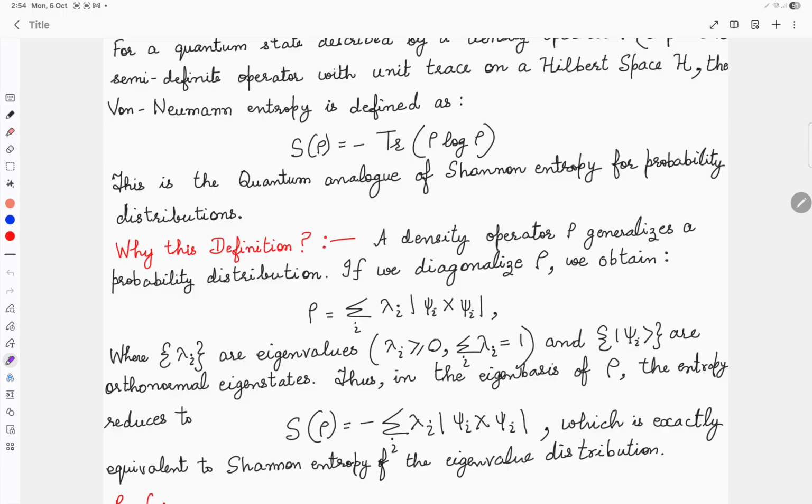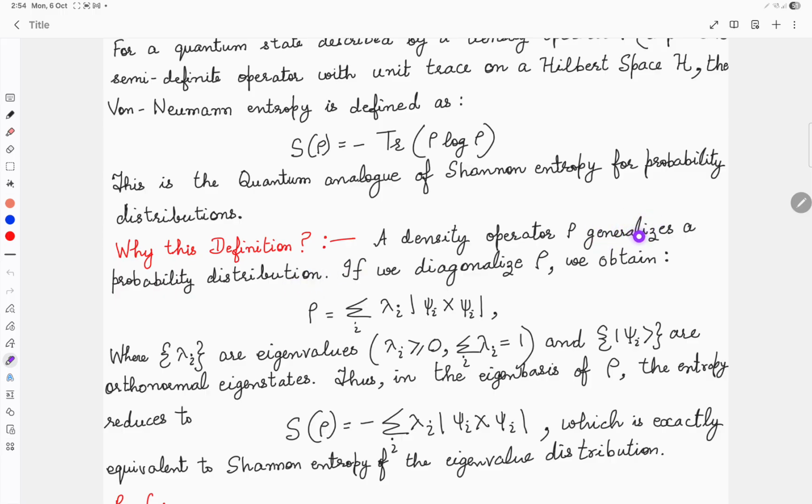Now, why is this definition there? Let us take a deep dive into the definition of the von Neumann entropy. A density operator ρ, which is basically a matrix, generalizes a probability distribution.